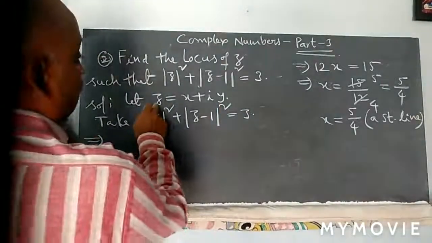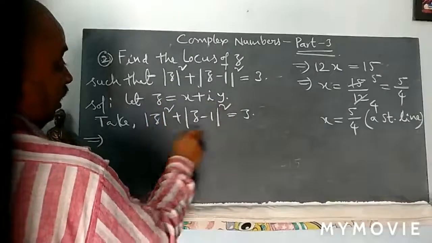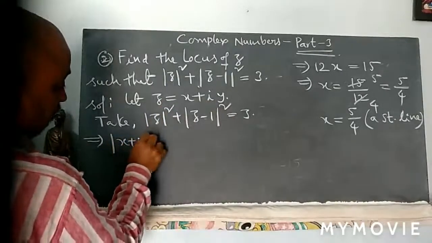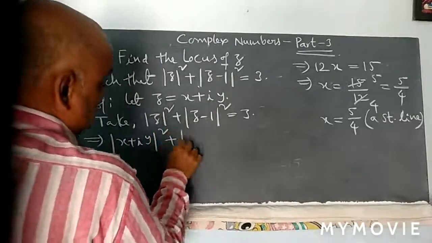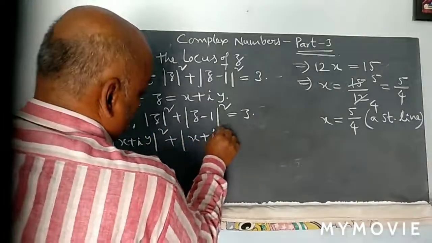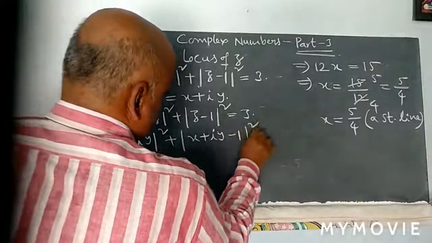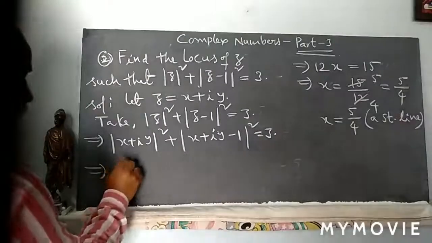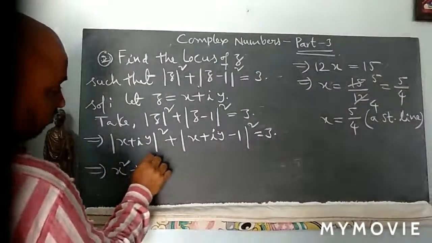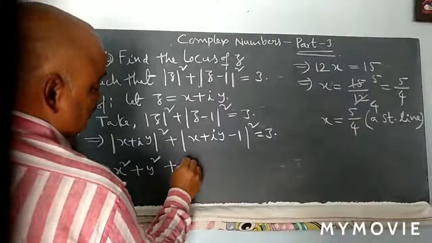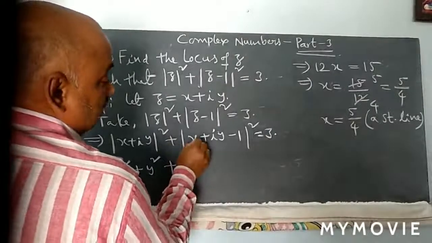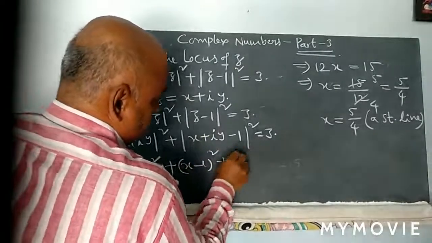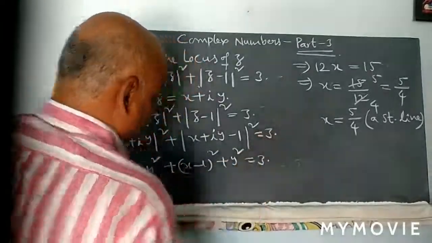Simply substitute Z equals x plus iy in this equation. So |x+iy|² + |x+iy−1|² = 3. So this implies x² + y² + |(x−1)+iy|², that is (x−1)² + y², equals 3.